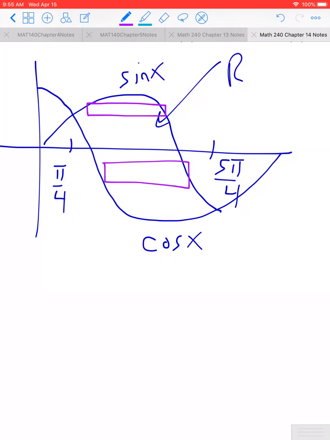For example, here, the right endpoint and the left endpoint would be on the same curve. When I drop down a little bit, the right endpoint and left endpoint would be on one curve and then the other curve. And then as I drop down even lower, then it would be on the same curve again. So because of that, using horizontal representative rectangles here is not going to make this a very convenient thing to do.